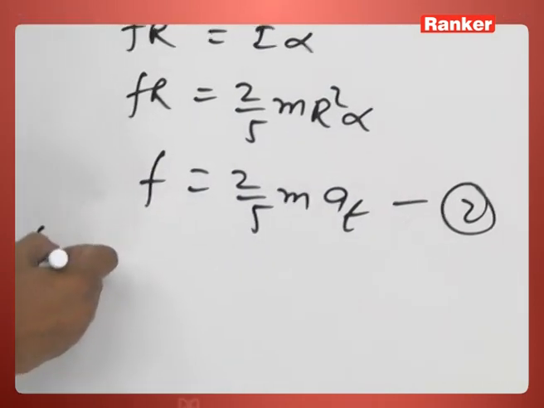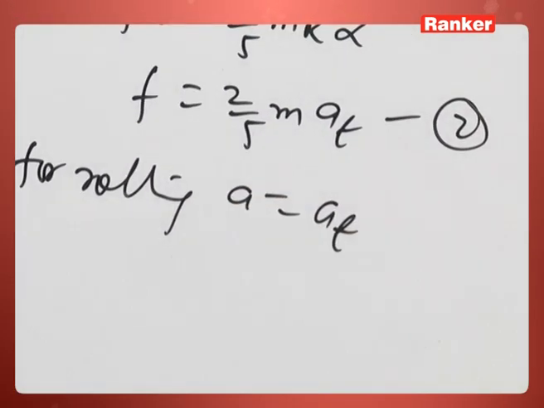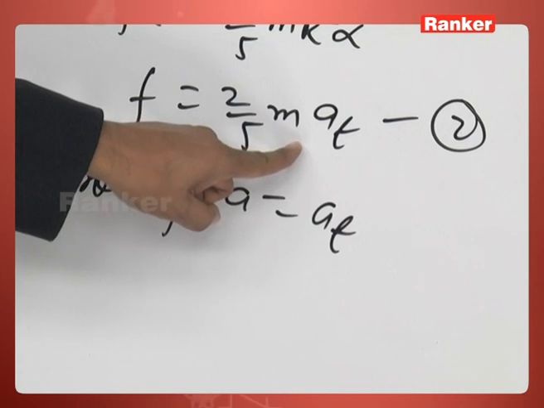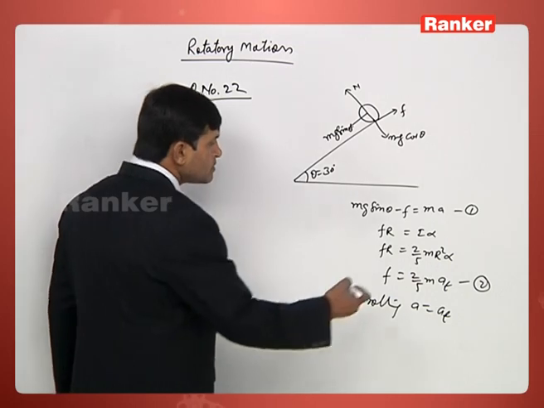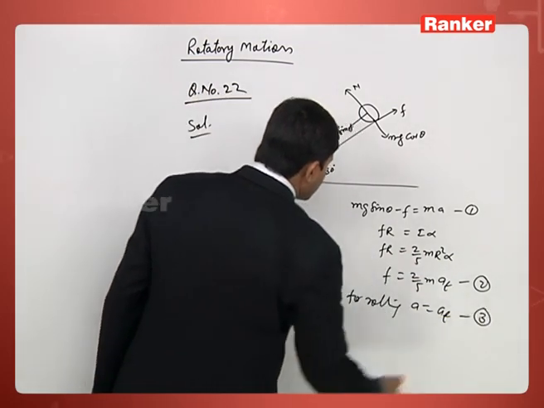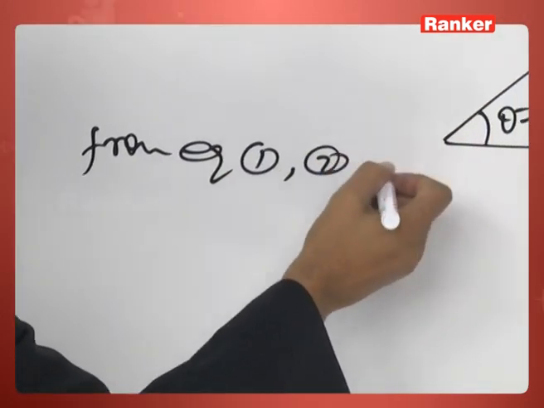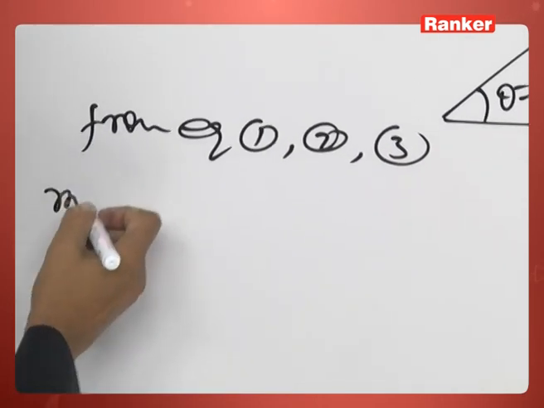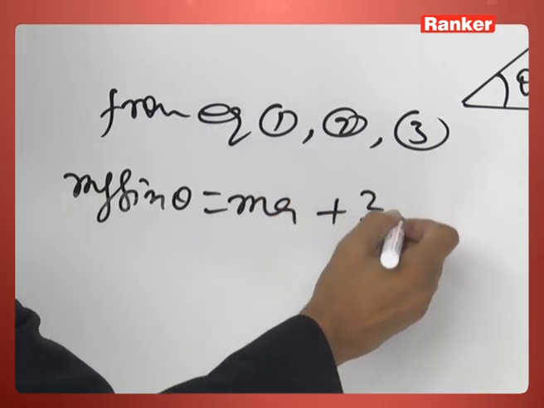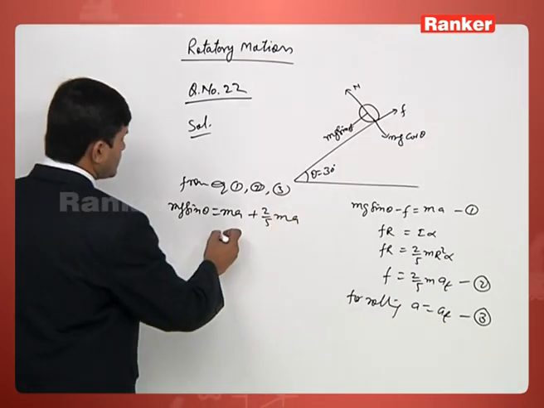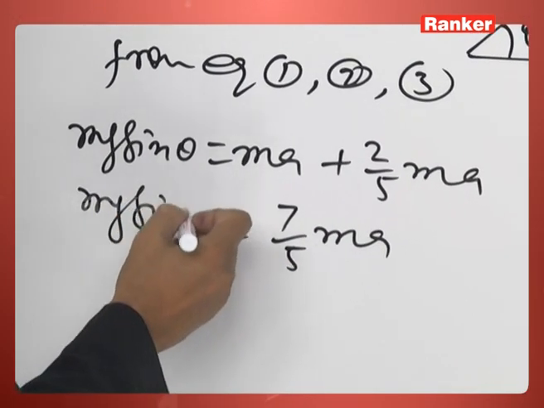For rolling, a is equal to a tangential. So m into a, so we can write the friction force value from equations 1, 2 and 3. mg sin theta is equal to ma plus f, that is ma plus 2 by 5 ma, so 7 by 5 ma is mg sin theta.